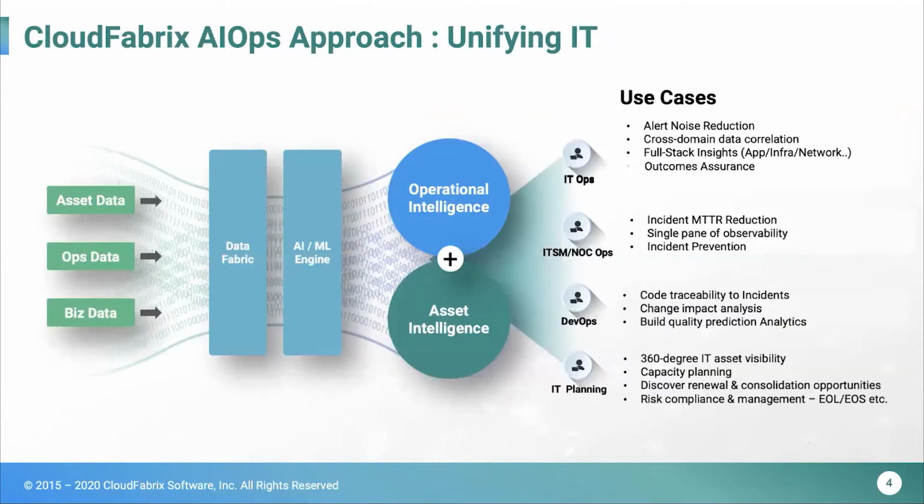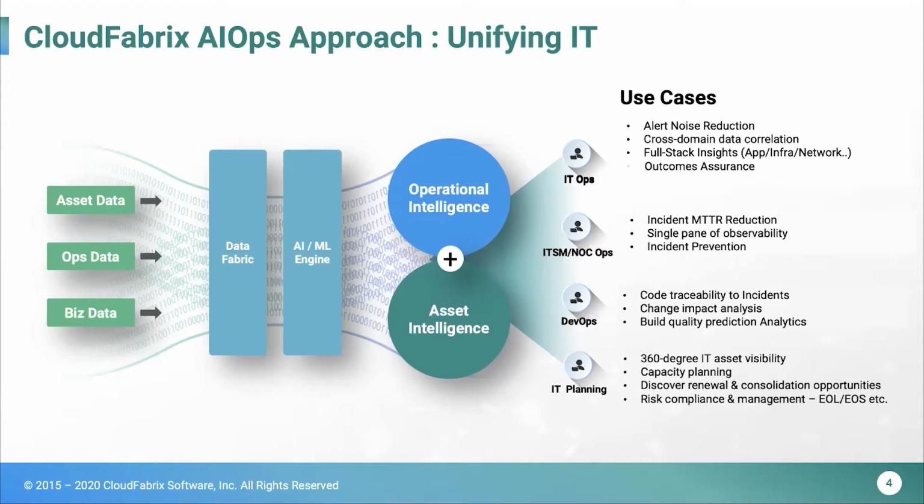So at a high level, what is our approach? Our approach is to connect to all the sources, run it through our data fabric, and most importantly, apply AI/ML to provide two different outcomes. The first outcome is operational intelligence. That's what we're going to cover now.